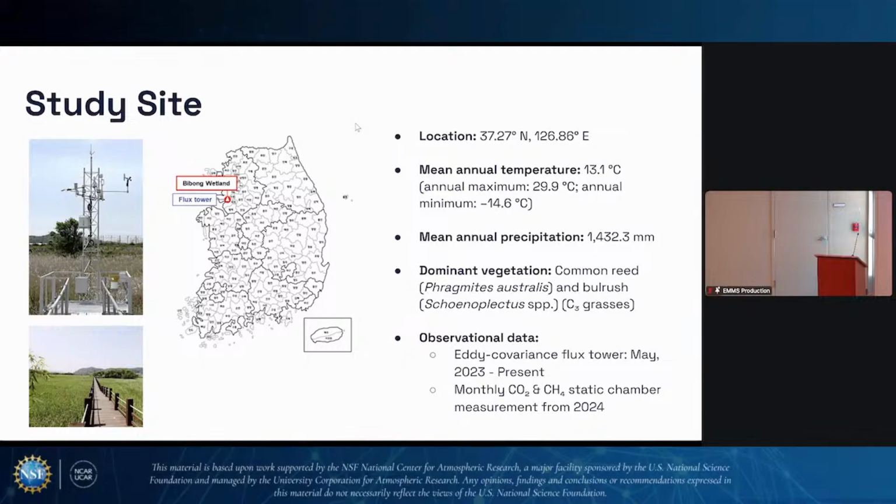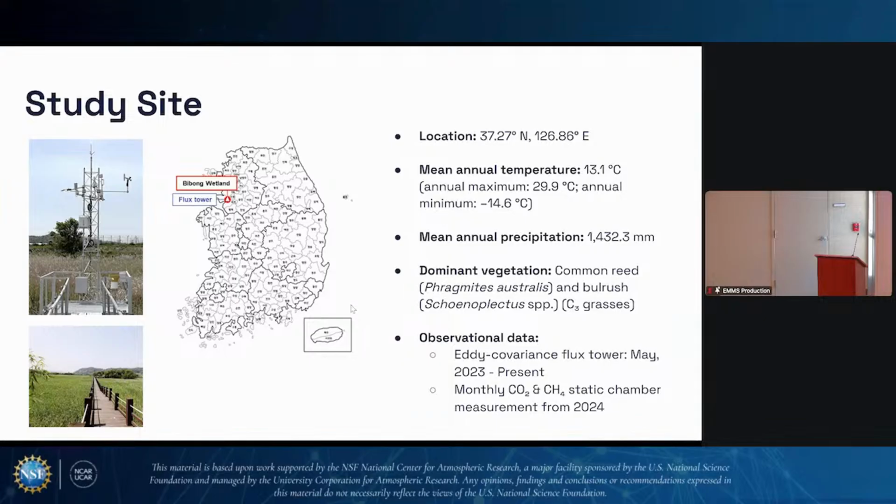So here is a brief introduction to our study. This is an artificial wetland located in South Korea, and its mean annual temperature ranges from -15 to approximately 30 degrees Celsius, with mean annual precipitation of about 1,400 millimeters.